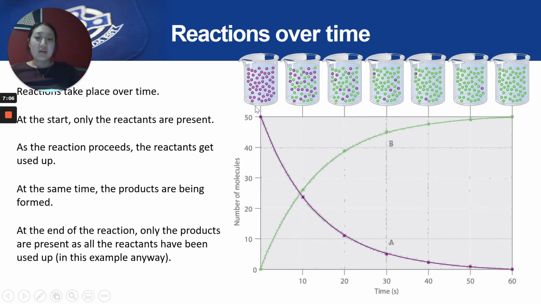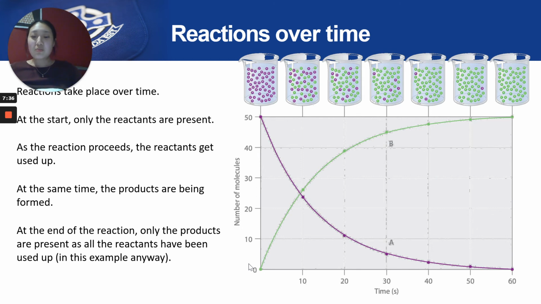The purple graph represents the number of reactant particles over time, and the green graph represents the number of product particles over time. At the start, we only have the reactant particles present. You can see it here and in the graph. We have 50 molecules of reactant particles and 0 molecules of products.